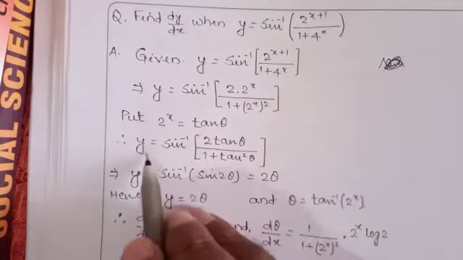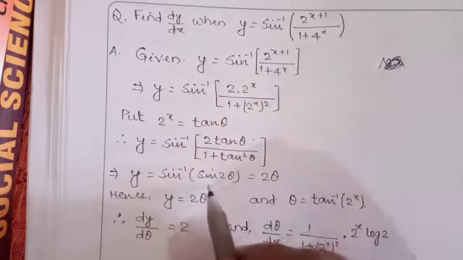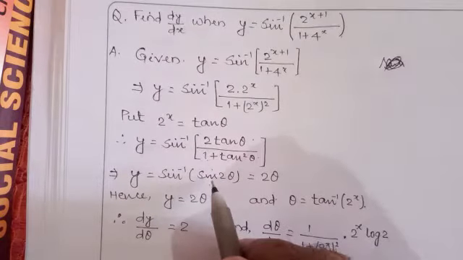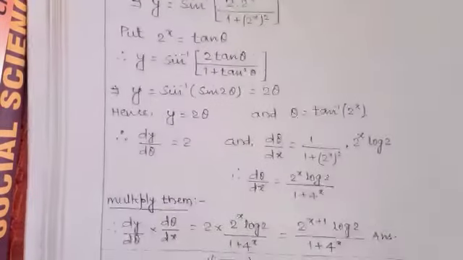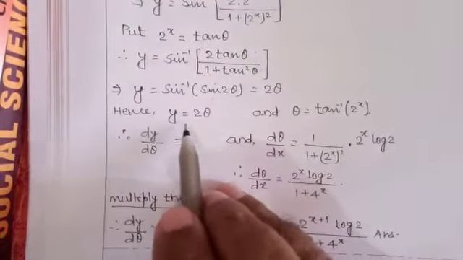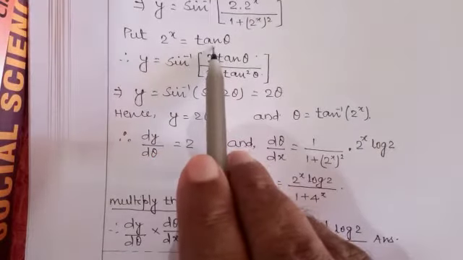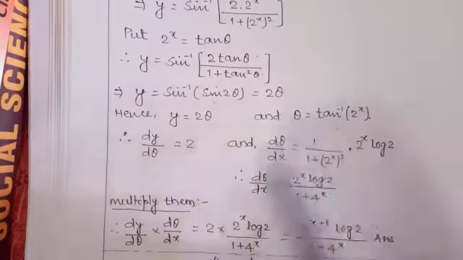So write it, y is equal to sine inverse sine 2 theta. Now eliminate sine inverse and sine. So finally we have 2 theta. Hence y is equal to 2 theta, and according to our supposition theta is equal to tan inverse 2 to the power x.